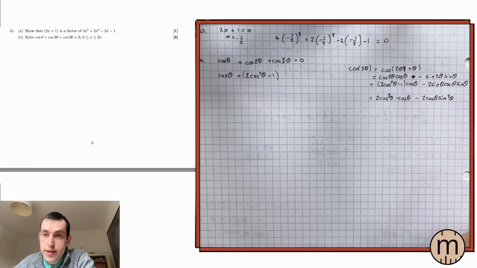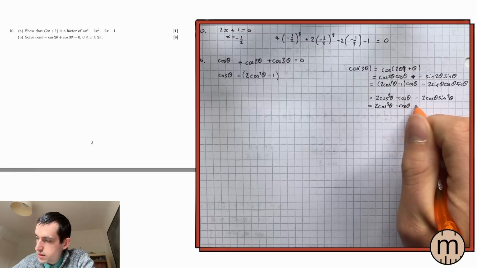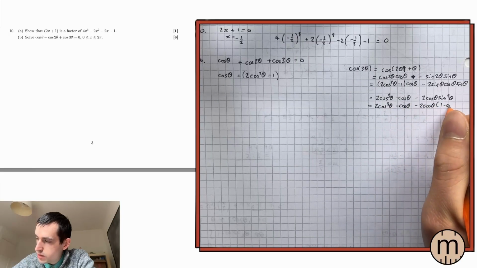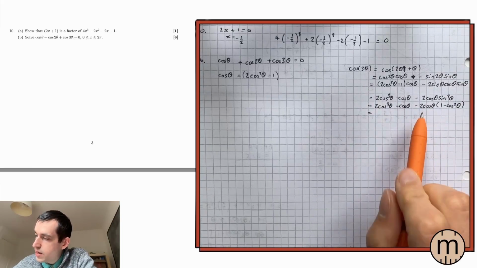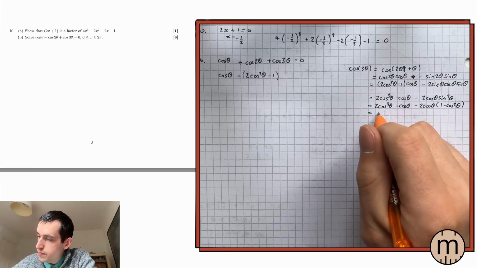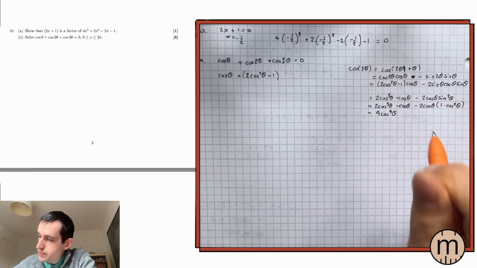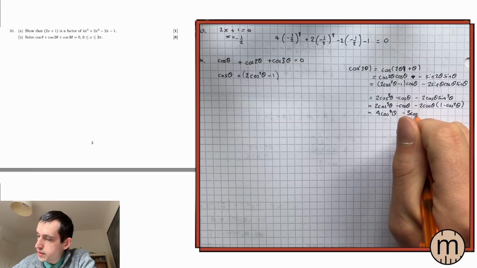But of course we know the identity for sine squared, which is 1 minus cos squared theta, which means if we expand that bracket, we're going to get 2 cos cubed and then plus 2 more, so 4 cos cubed theta, and then minus cos, minus 2 more, minus 3 cos theta.